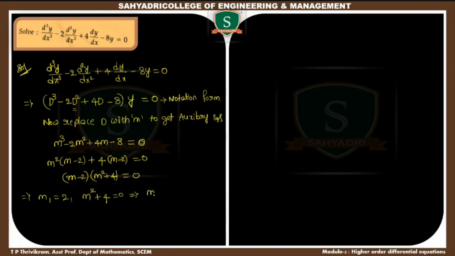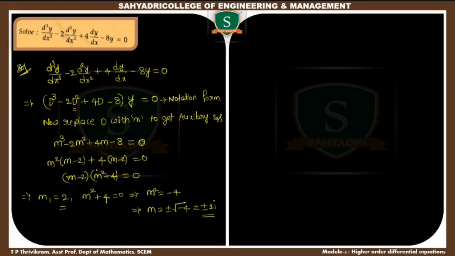This implies m square is equal to minus 4, which implies m equals plus or minus root of minus 4. This is nothing but plus or minus 2i. So we got the solution in terms of a complex pair and a real number.